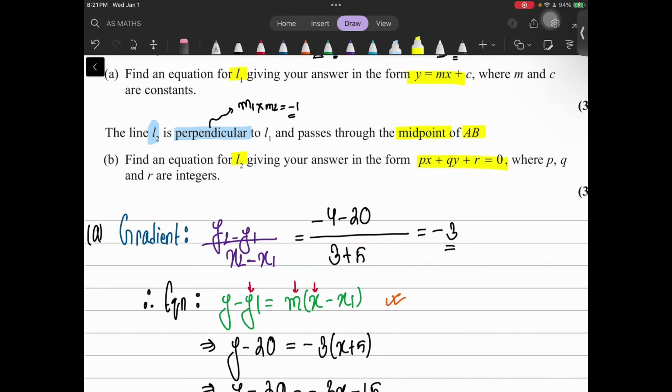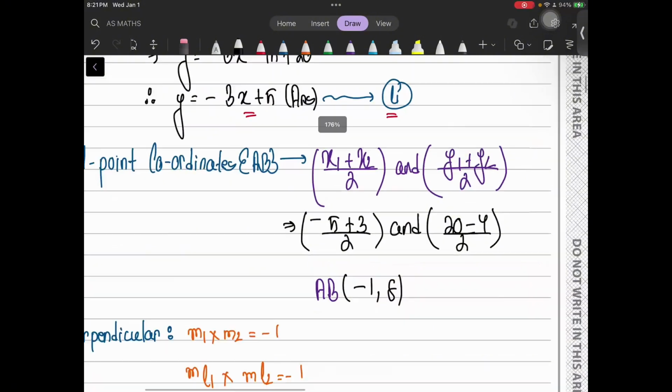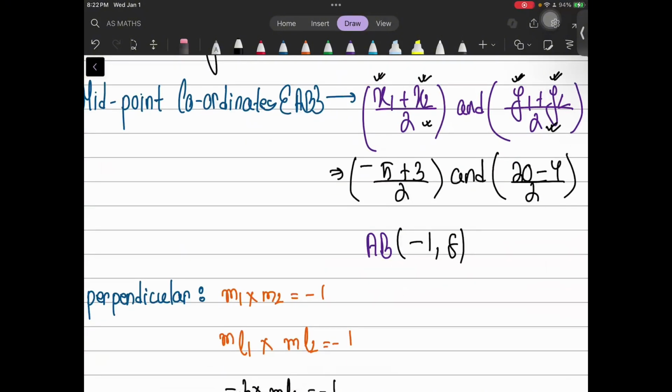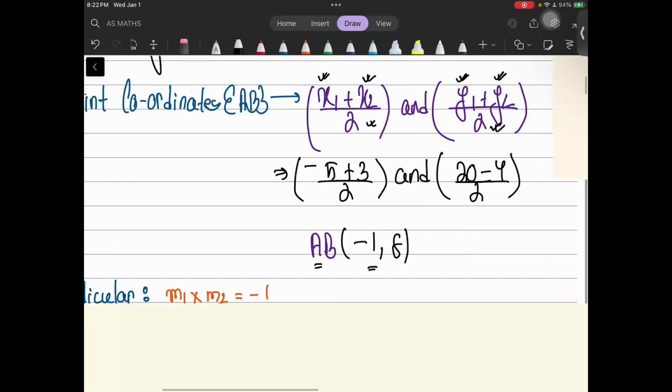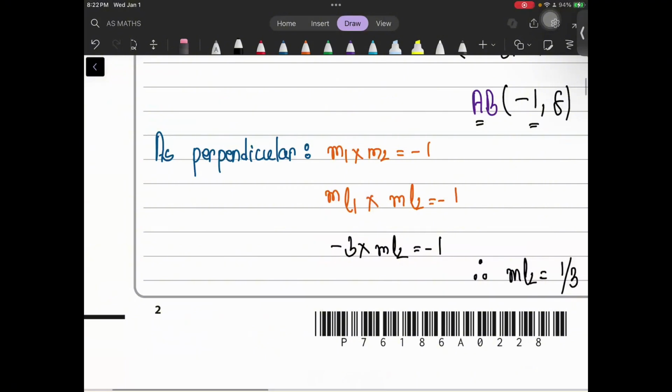So how do you find an equation of L2, right? Basically the coordinate of the midpoint of AB is going to be the x coordinate of A plus the x coordinate of B divided by 2, and the y coordinate of A plus the y coordinate of B divided by 2, right? So this is how you get the coordinate of the midpoint of AB, and for me it is minus 1 and 8, right? As they are perpendicular, gradient 1 times gradient 2 is equal to minus 1.